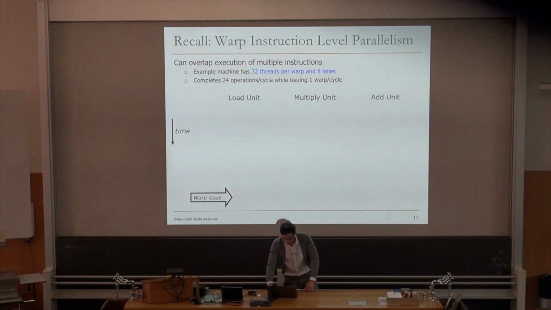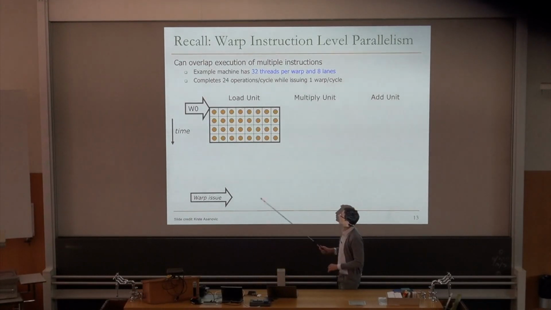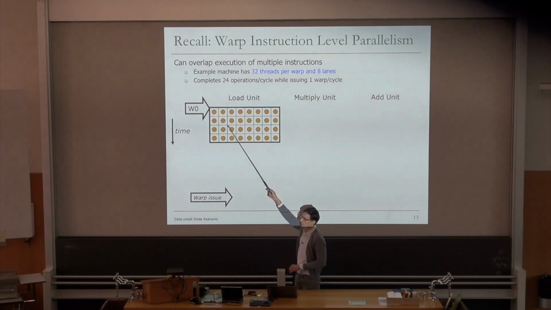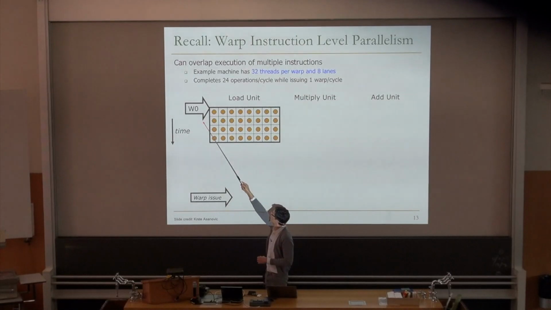And how are the warps executed? Assuming that in this particular example we have warps of 32 threads and 8 lanes, the way that the warp scheduler will issue the operations on the compute units will be something like this. For example, for the load unit, we will start some load operation for warp 0.